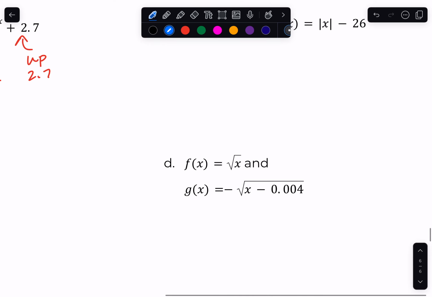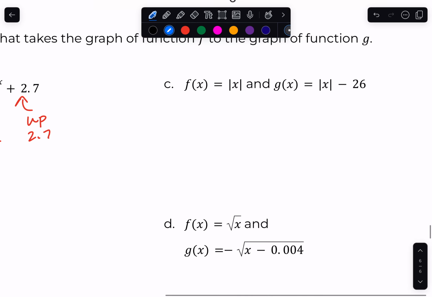That's all. Now, we're going to get to some fancier graphs, but I want you to not panic. I want you to see that the absolute value graph, for example, does the same exact thing as the other equations. So let's take a look at C. C only does one thing.